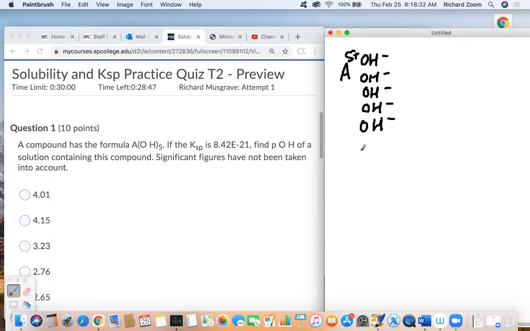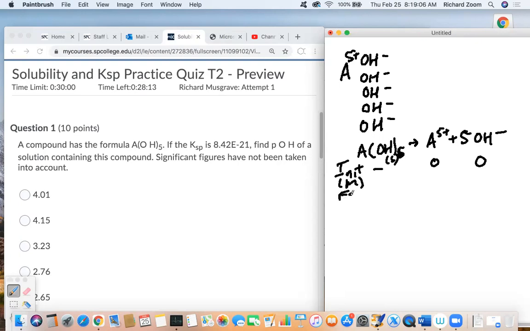Okay, so if I drew a table that related to this, it would be looking like this. AOH5 goes to A5+ and 5 OH-. The initial, and that's going to be solid, of course. So the initial concentration of a solid is not there because you can't find the concentration of a solid.